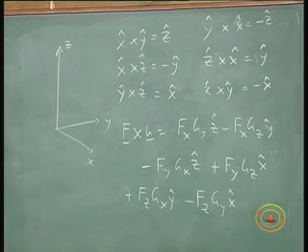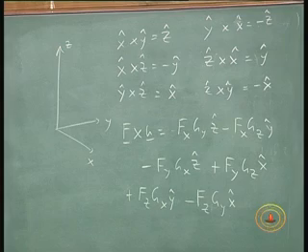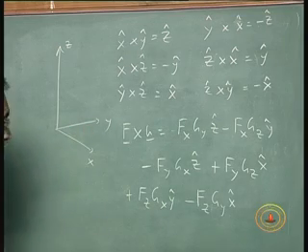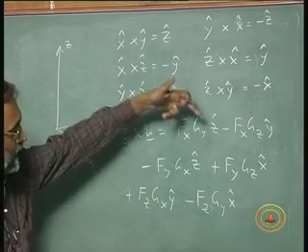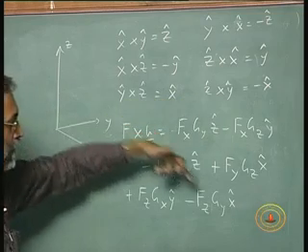And fz gz will go to 0. So, we have at least come down to 6 terms. Now, you can collect terms according to each unit vector.